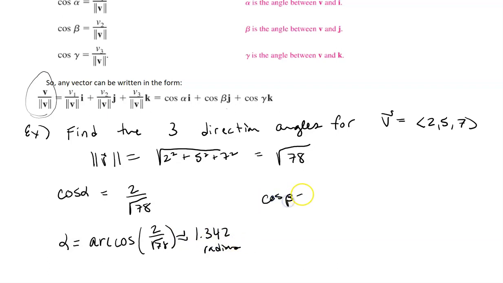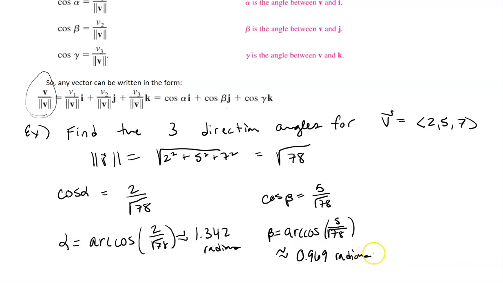Cosine of beta would be 5 over the square root of 78, so beta is the arc cosine of that number, which would be about 0.969 radians. And then cosine of gamma would be 7 over the square root of 78, so gamma would be the arc cosine of that, which is about 0.656 radians.